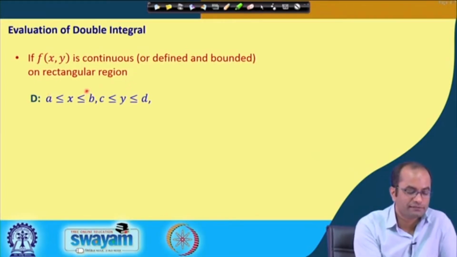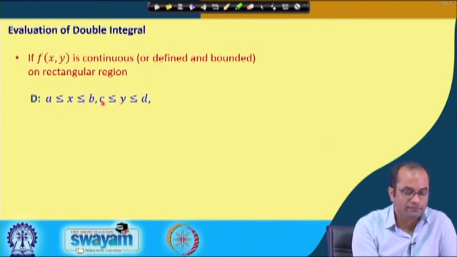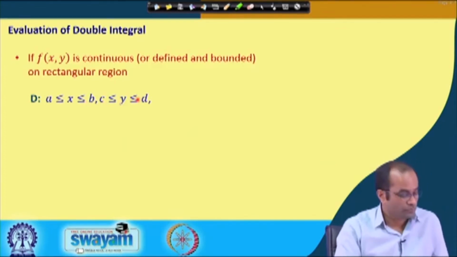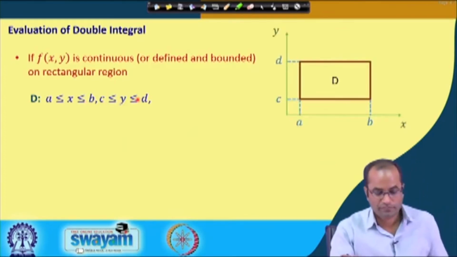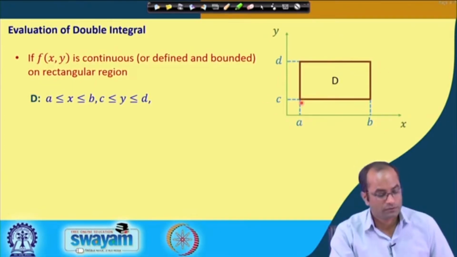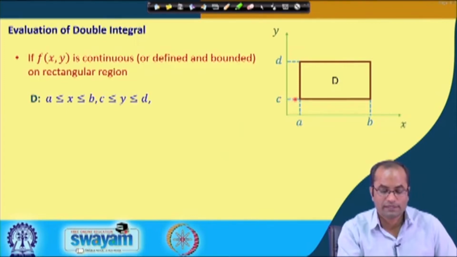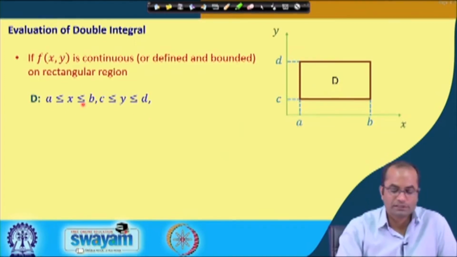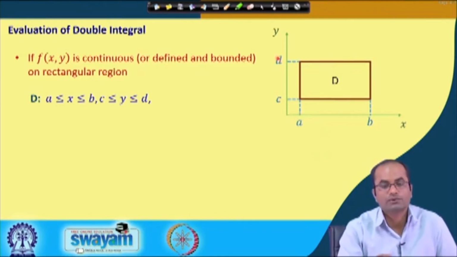So, we have restricted ourselves to the rectangular region, where x varies from a to b and y varies from c to d, as given in this figure. We have these constant numbers a to b and c to d.